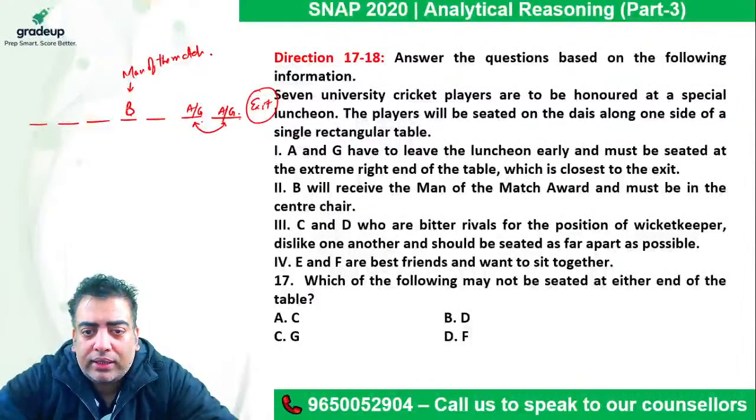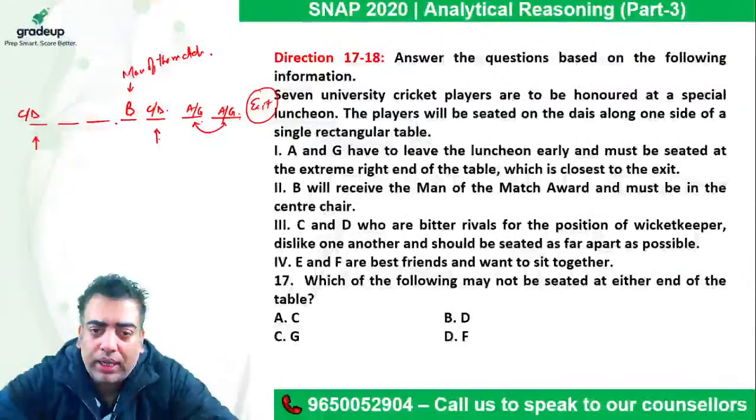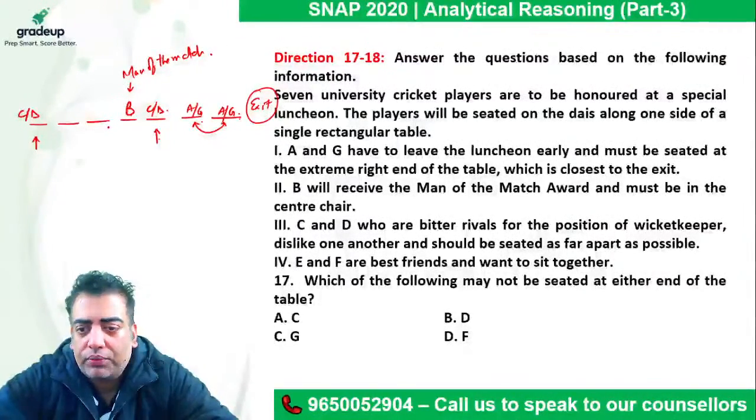In third, he says C and D, who are bitter rivals for the position of wicketkeeper, dislike one another and should be seated as far apart as possible. So right now we can see they are the two positions which are as far apart as possible. So we should make C and D sit on these two. Keeping in mind the next instruction also, E and F are best friends and want to sit together.